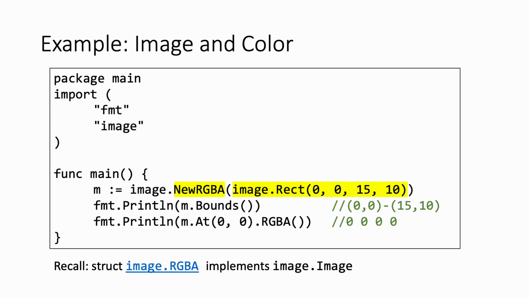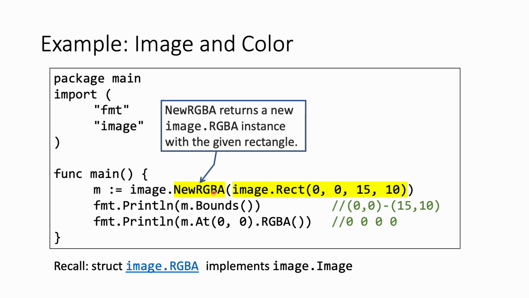Here is a simple program that shows an example of using methods of the image and color interfaces. In this program, first we create an image.RGBA instance M by calling the image.NewRGBA function, which returns a new image.RGBA instance with the given rectangle.